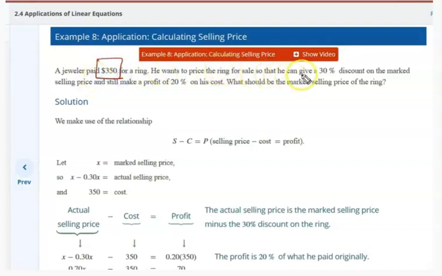He also wants to give the person a 30% discount when they come to the store, offering them a discount of 30% of the price he has in the window or in the case. But he also wants to make a profit of 20% of his cost. Okay, so what should the selling price be for that ring?